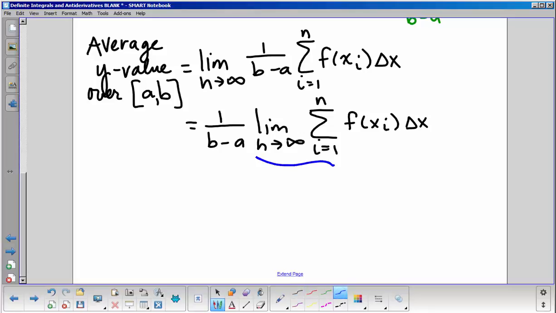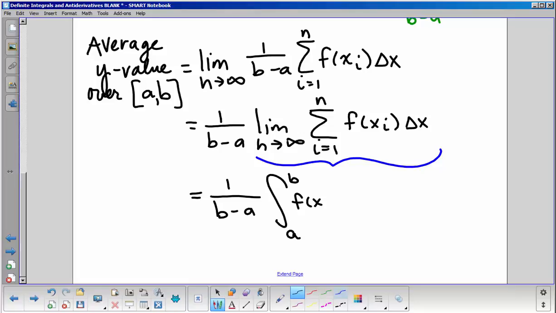And so what is this that we know now? That's the integral. So this is equal to 1 over b minus a times the integral from a to b of f of x dx.